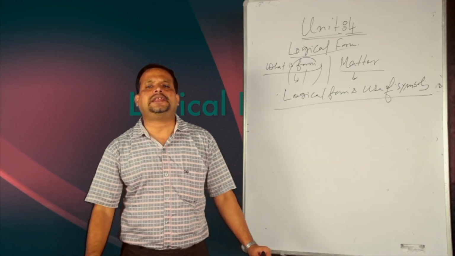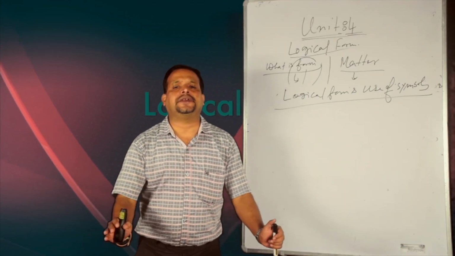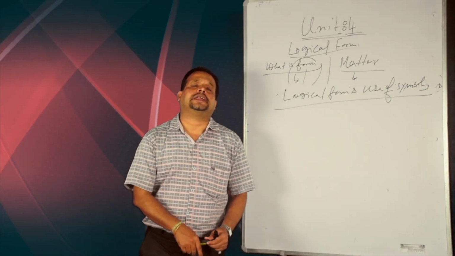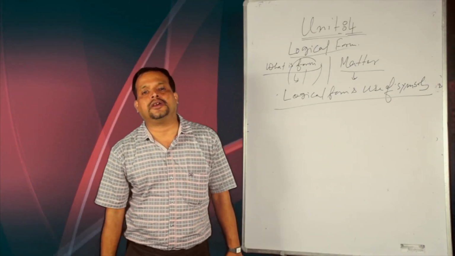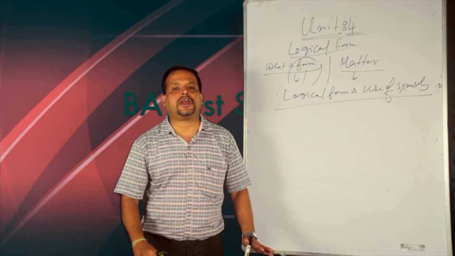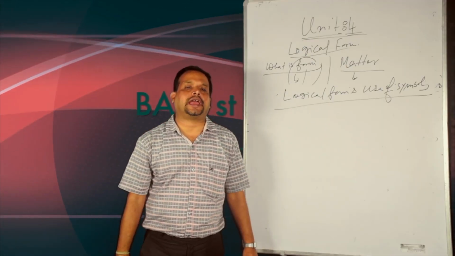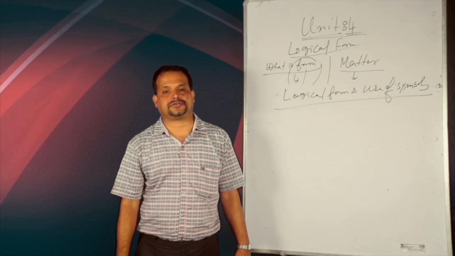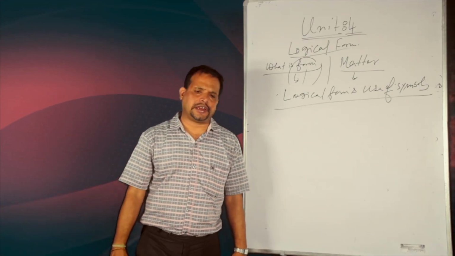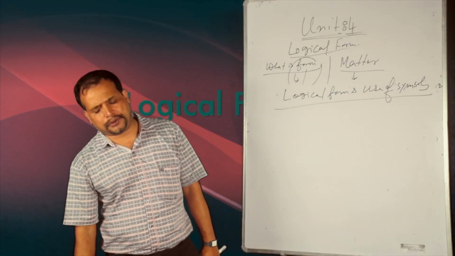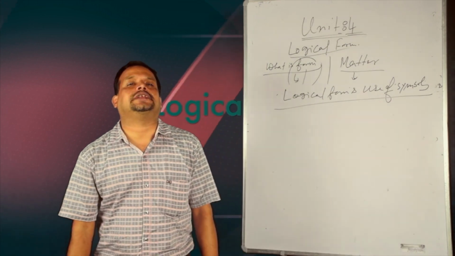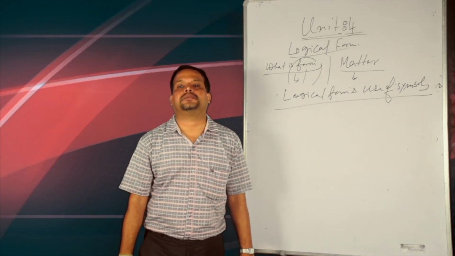The word valid implies the correctness of the structural argument, that is, the form of the argument, which in its turn depends upon the adherence to certain formal rules. Now there is also another very important concept in this unit, that is the importance of logical form.